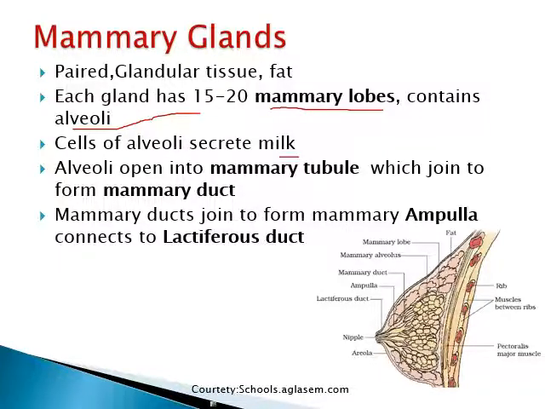These alveoli further have mammary tubes which join the mammary duct. And this mammary duct finally opens into the ampulla region which connects to the lactiferous ducts. The main role of the mammary gland is to produce milk, which is very nutritious and healthy for a child.